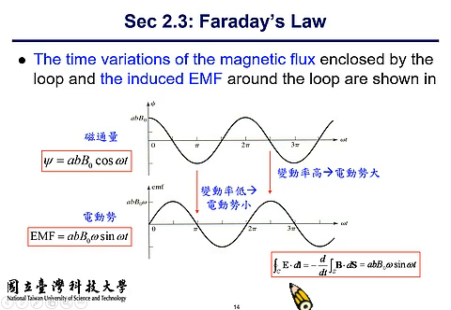At the peak of your magnetic flux, the amount of change is relatively small, so you end up with a zero crossing on the electromotive force. So this example shows you that the electromotive force is associated with the time rate of change of the magnetic flux.